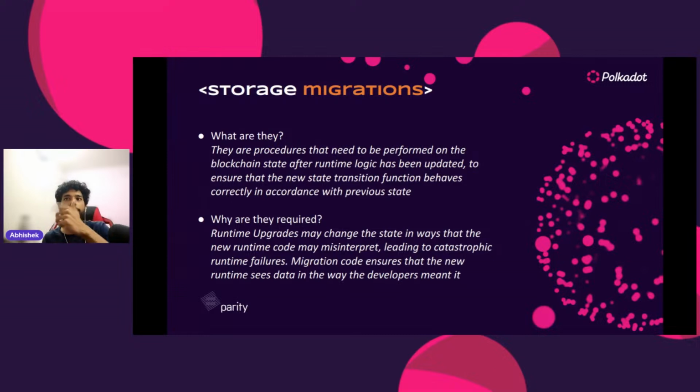Now, as I said earlier, data types go along with the runtime. So there needs to be a translation between the previous state and the new state. The storage migrations are basically these procedures, an umbrella term for all the procedures that take the blockchain state from the old type to the new type.